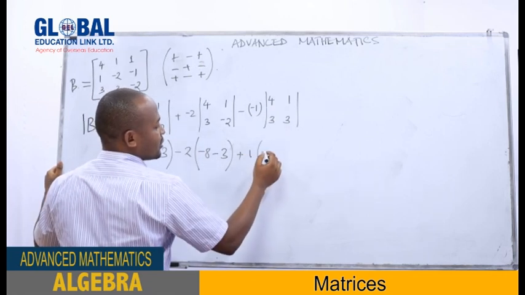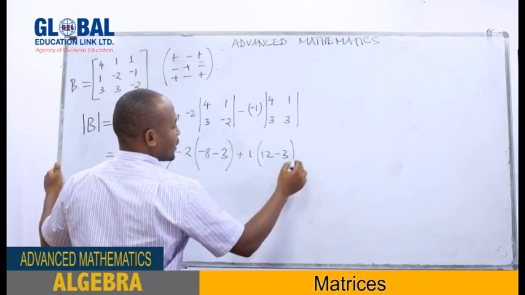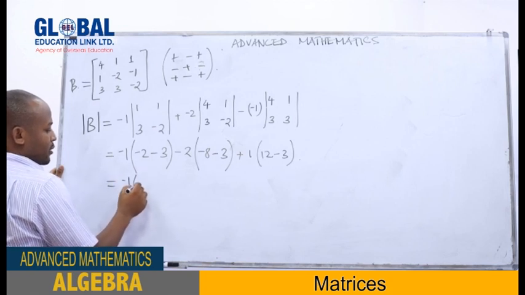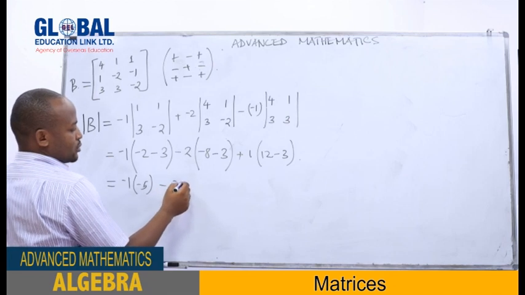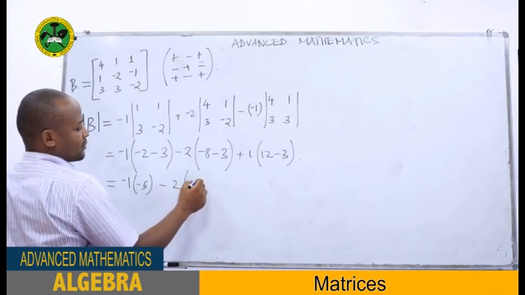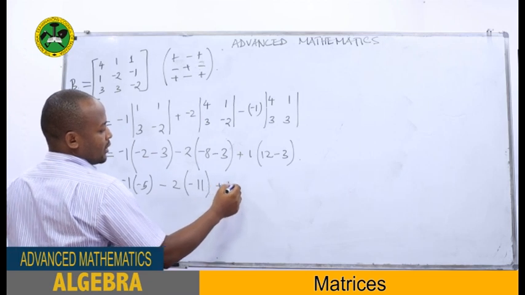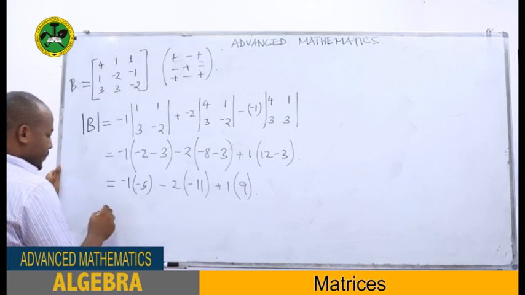3 times 4 is 12, and 3 times 1 is 3. Then we have negative 1 times negative 5, minus 2 times negative 11, plus 1 times 9.